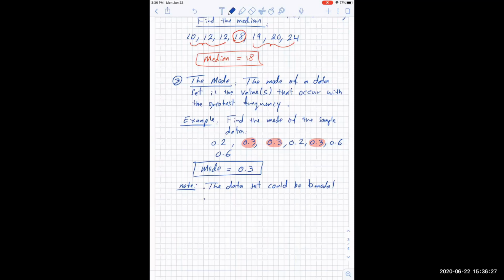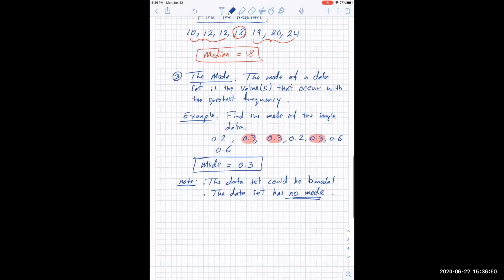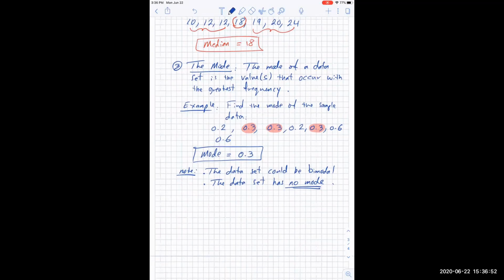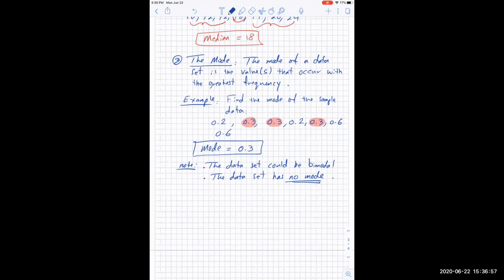Or there's another case where the data set has no mode, because all the values are repeated the same number of times. So sometimes it's possible to have a bimodal set and in other cases no mode.